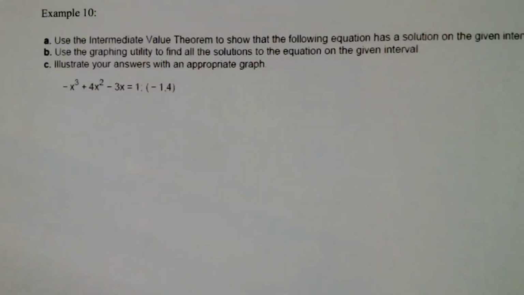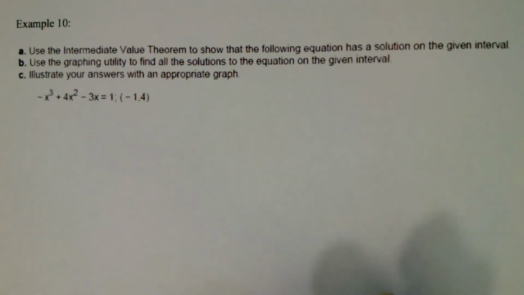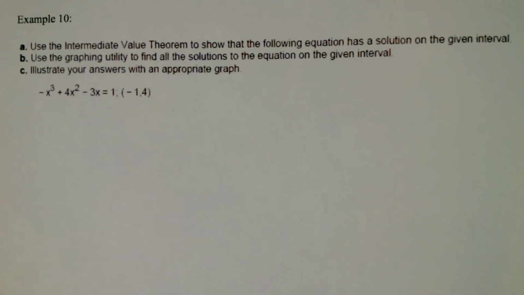All right, here's one more of these. Again, we're going to use the intermediate value theorem to show that the following equation has a solution on the given interval. And then use a graphing utility to find all solutions to the equation on the given interval, and then illustrate your answers with the appropriate graph.